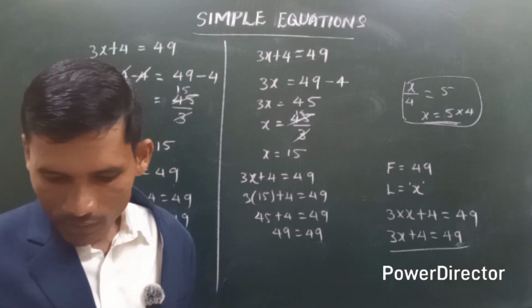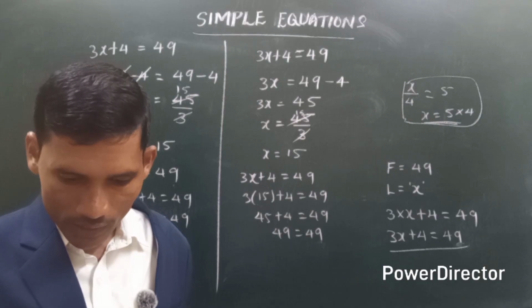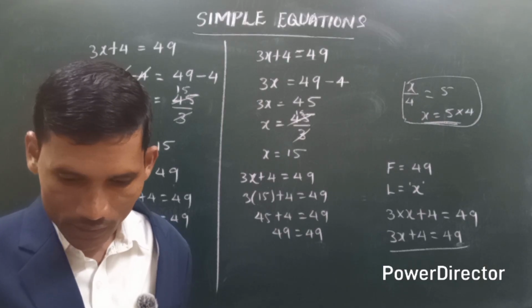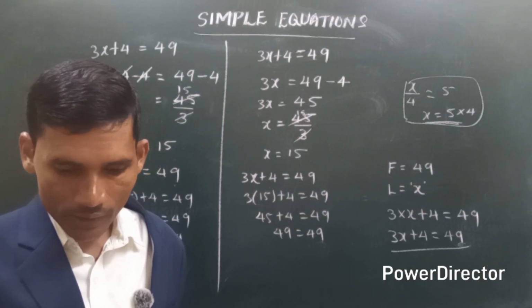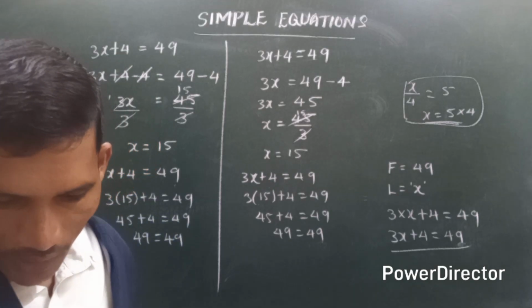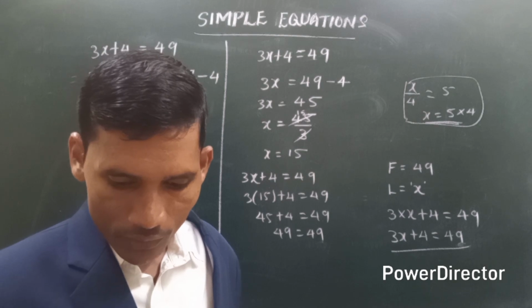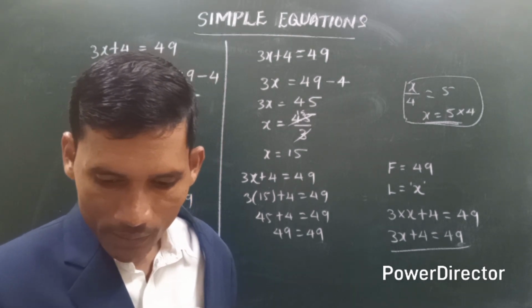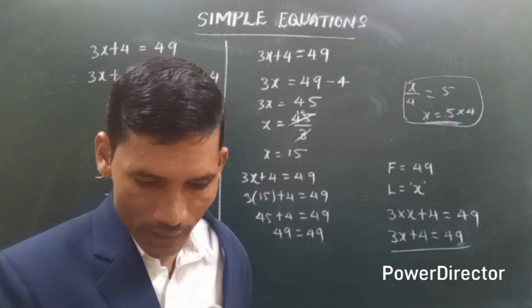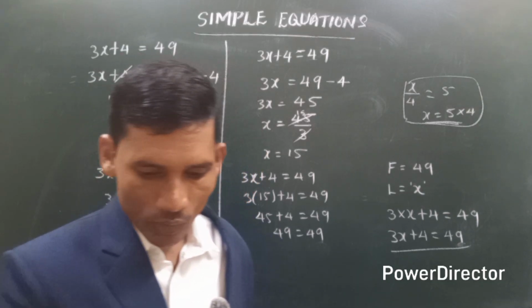Remember transposing. Here we will take some other examples. What they are saying here: give the first step you will use to separate the variables and then solve the equation. They are saying give the first step, x minus 1 is equal to 0.